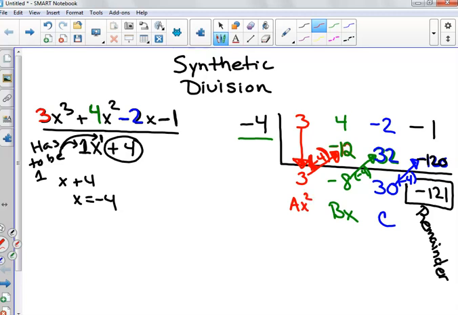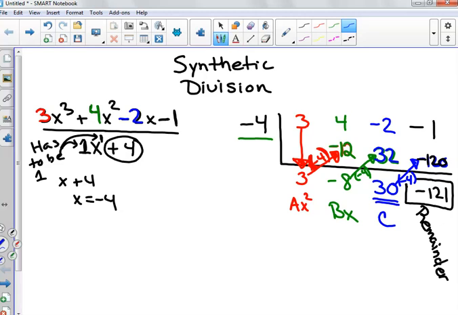Now, if there were more numbers, you would keep going and get x to the third, x to the fourth, x to the fifth, whatever it is. But you always start with this one as your constant, and then you keep going to the x squared, and so on.